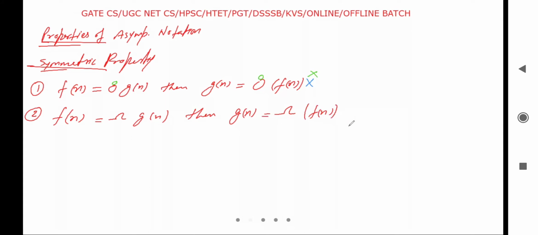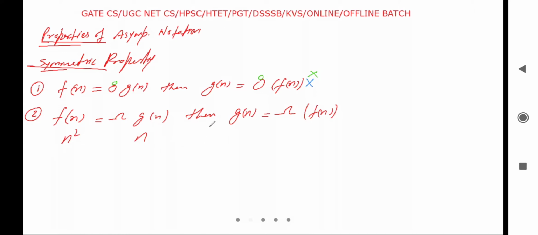In that case we can say it is holding the symmetric property. So what will happen in this case? Let's see. Here it is n square, assume, and here it is n. In this case it is holding, so this case is valid.